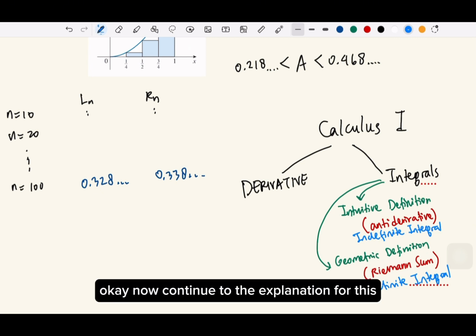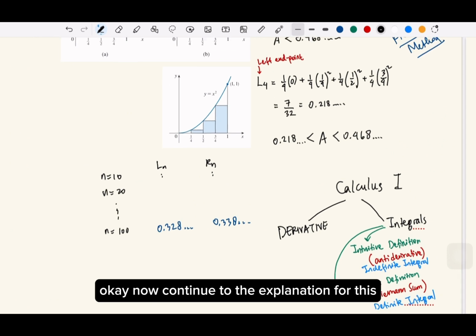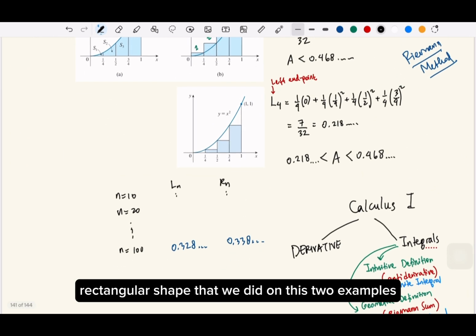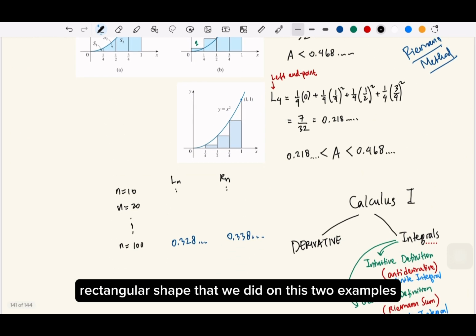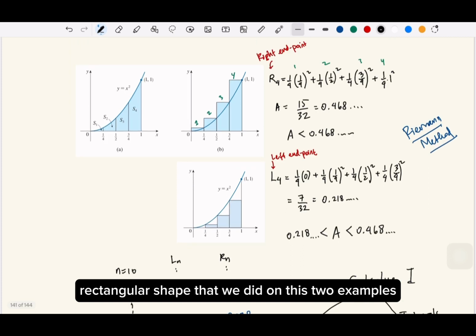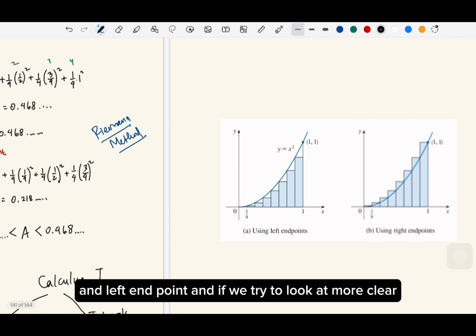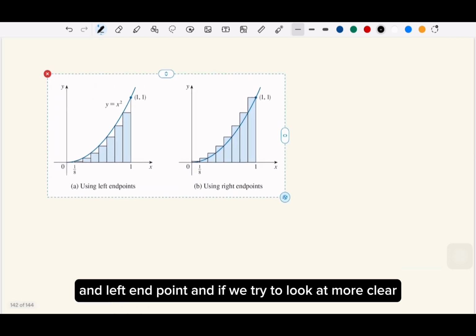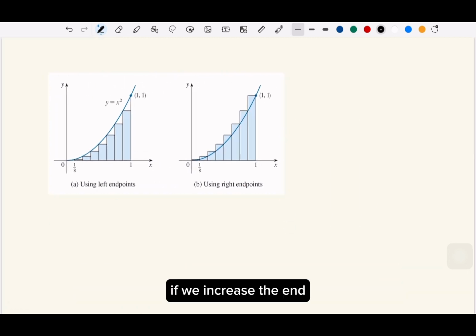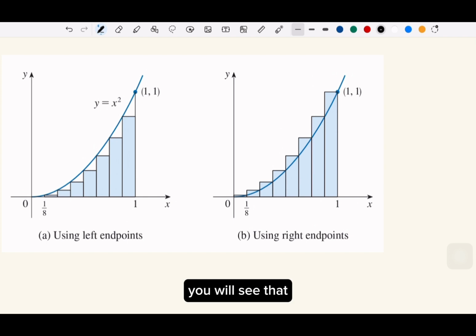Now continuing the explanation of the rectangular shapes that we did in these two examples, right endpoint and left endpoint. If we look more clearly, if we increase n, you will see that slowly the error is minimized.